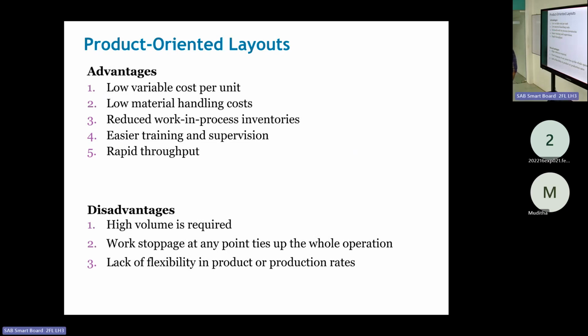Easier training and supervision of employees, right? Because the workers make a minimal contribution in the workstation. Their work is all repeated work. And rapid throughput, output volume is high. And that comes fast.